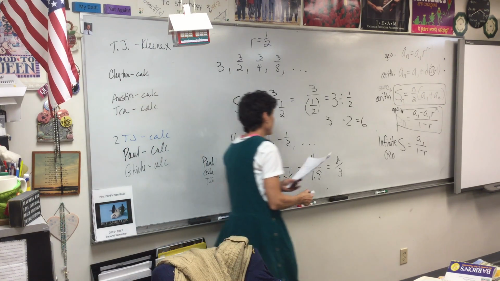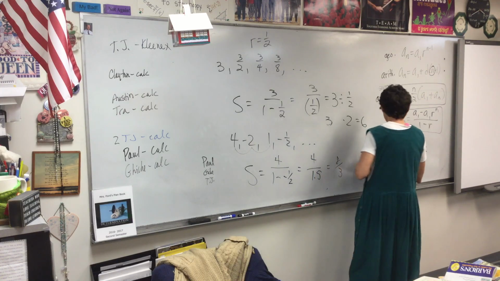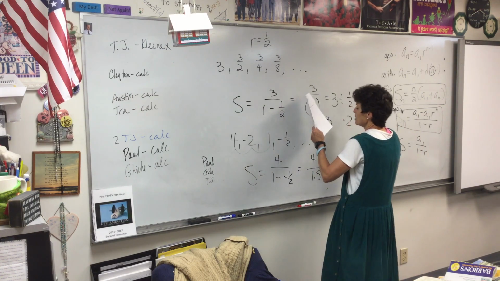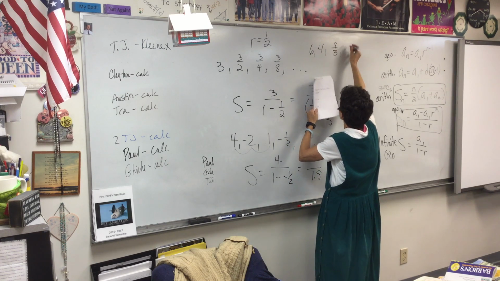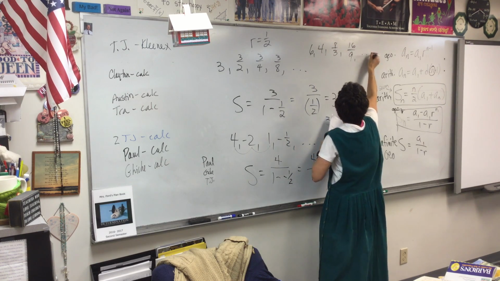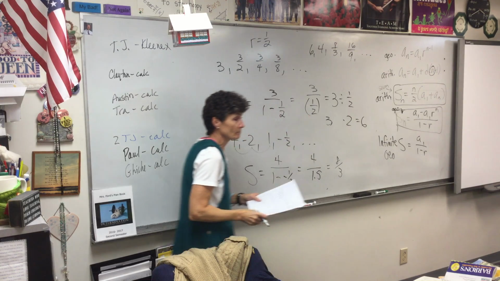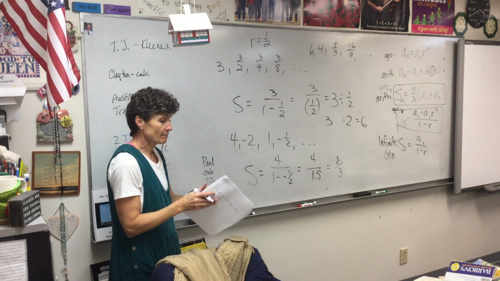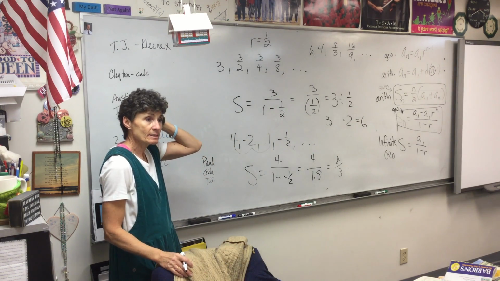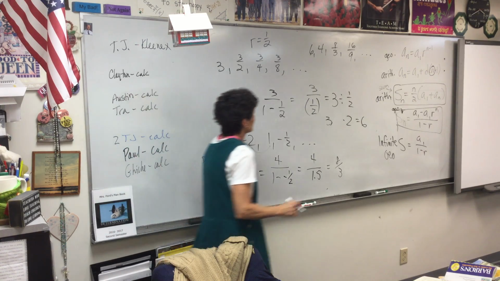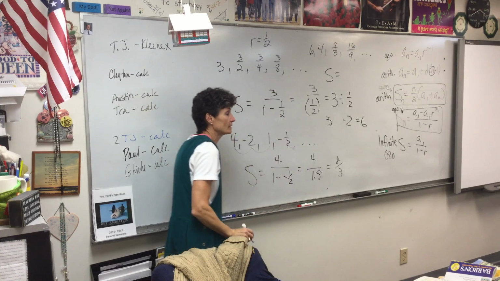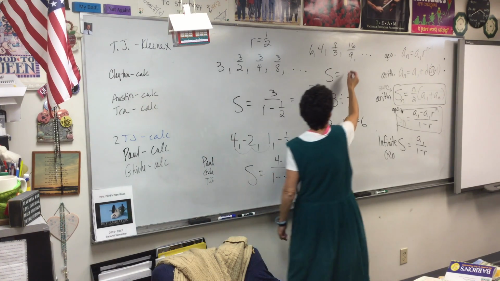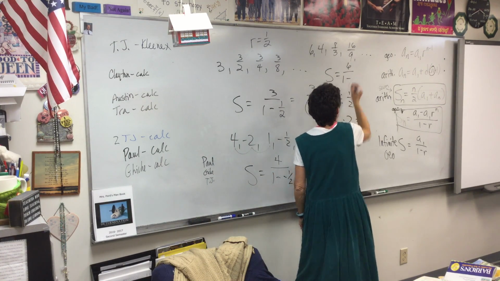All right, one more. Oh my gosh, this is a big moment. This is our last notes. Here we go. This is infinite. So here we go. What do I need for my formula? First term is 6 over 1 minus.